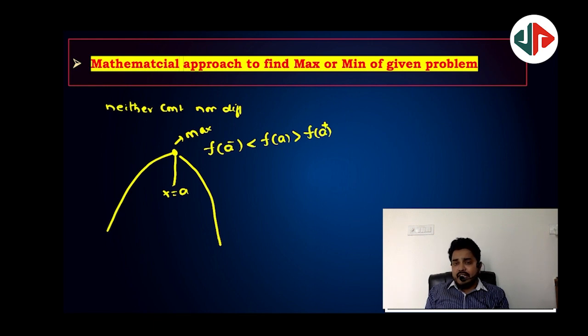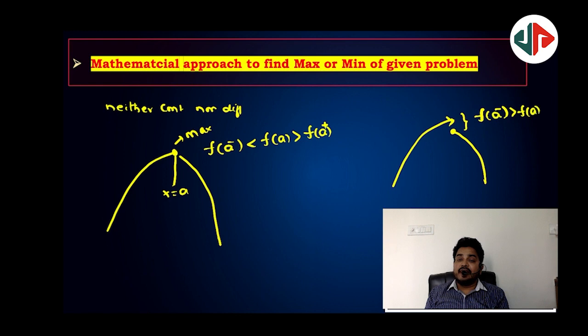Now for example, if the curve is like this, with the point included like this, here no, because f of a minus is greater than f of a, which is less than f of a plus. So this is not the local maxima.